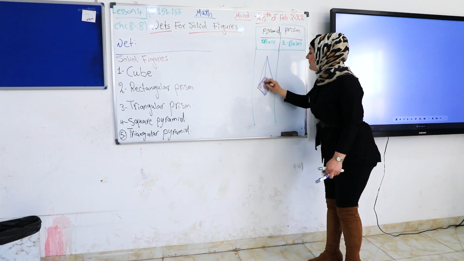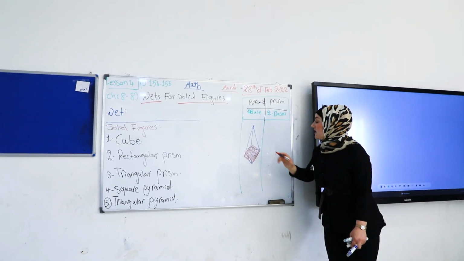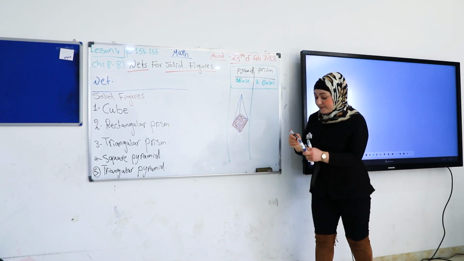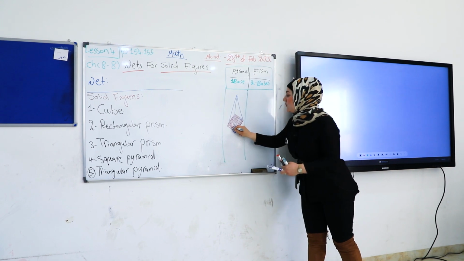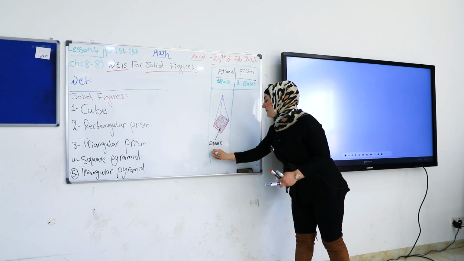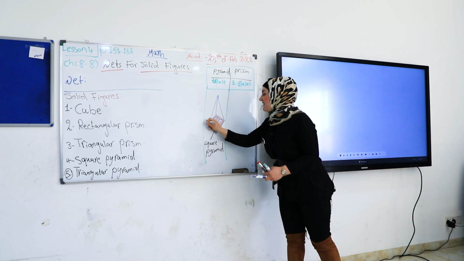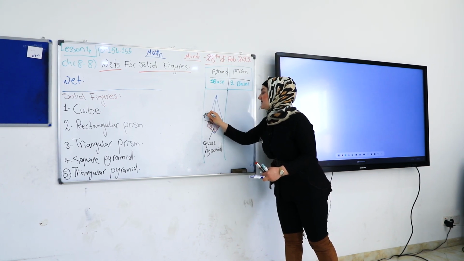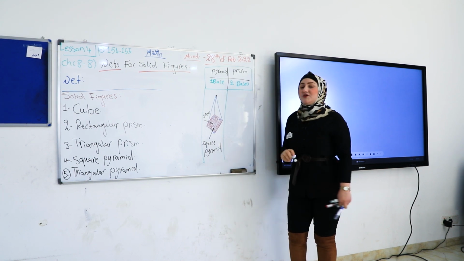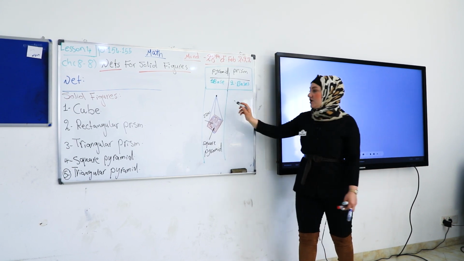Basically, depending on the square base, we call it a square pyramid. Why square pyramid? Because we have only one base. All the other sides will connect to each other in one point.